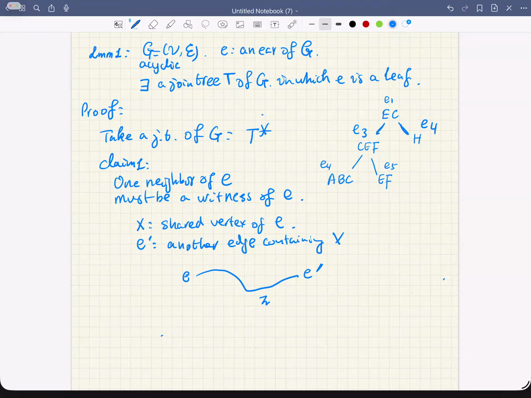I mean, you remove this node and then the nodes get disconnected. You see what I'm saying? Therefore, X appears in all the nodes on the path. Good. Now I can say, give me that neighbor. On this path, there must be a neighbor. There's only one node on this path adjacent to E. And therefore, that node is the one I'm looking for.